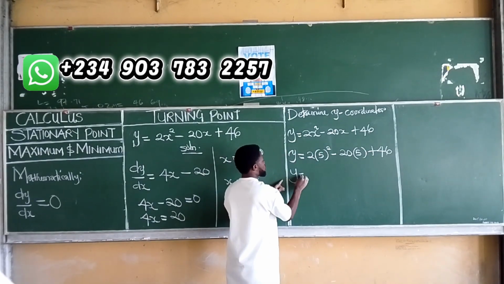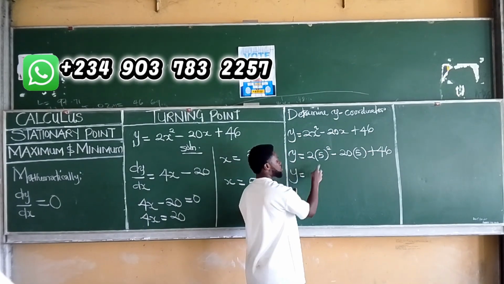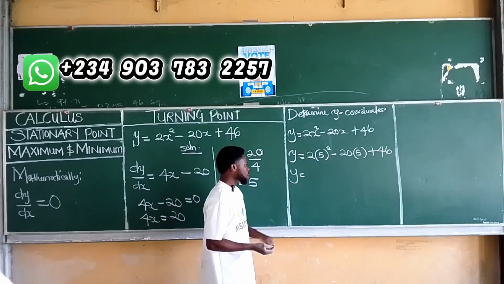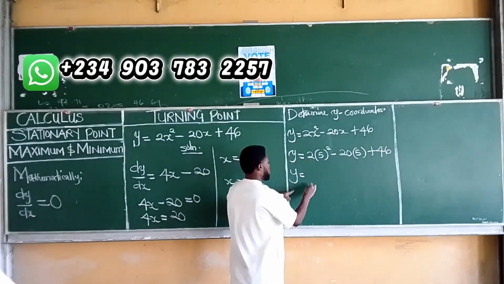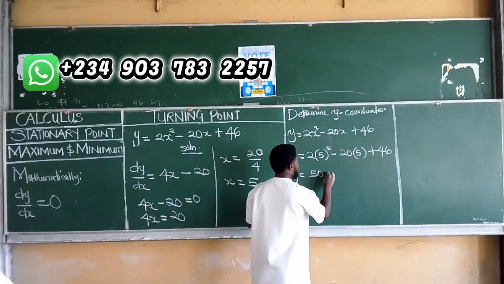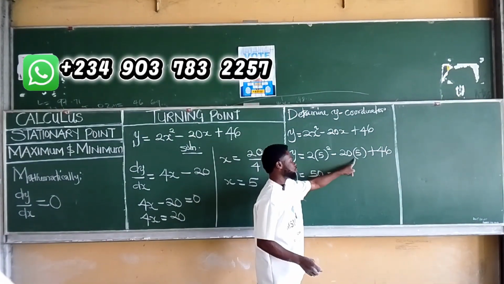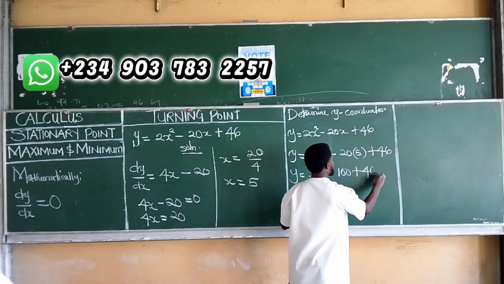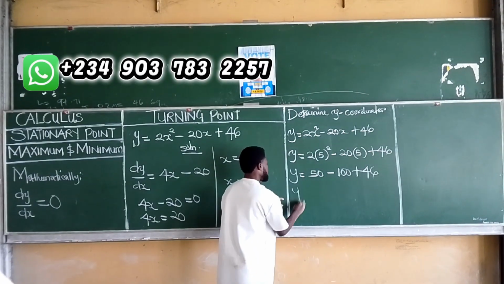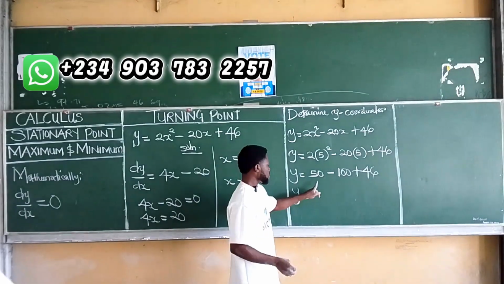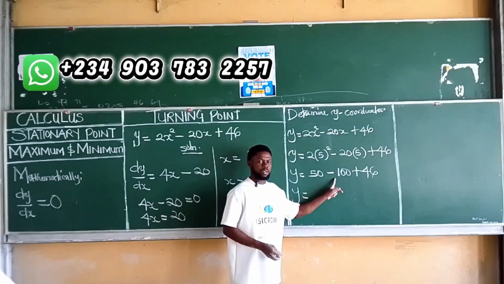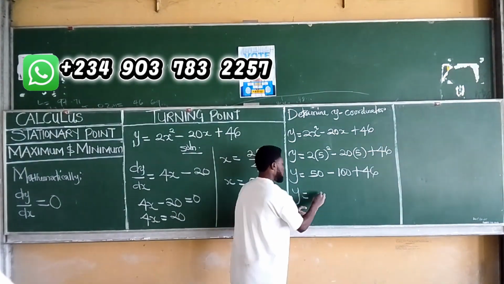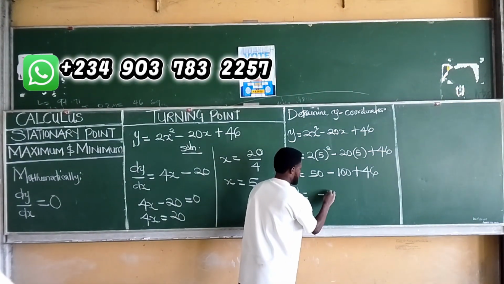So y is equal to, 5 raised to the power of 2 is 5 times 5, which gives 25. And if you multiply 25 by 2, we obtain 50. Minus 20 times 5 is 100 plus 46. So y is equal to, 50 minus 100 gives minus 50 plus 46 gives minus 4.